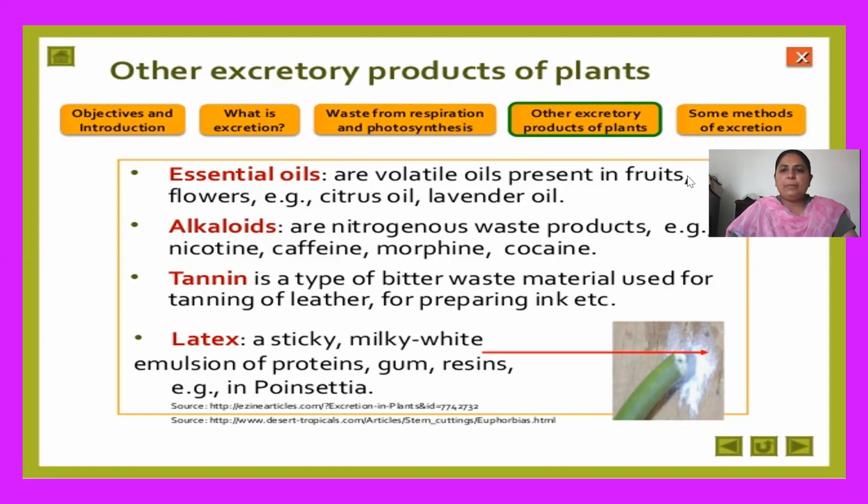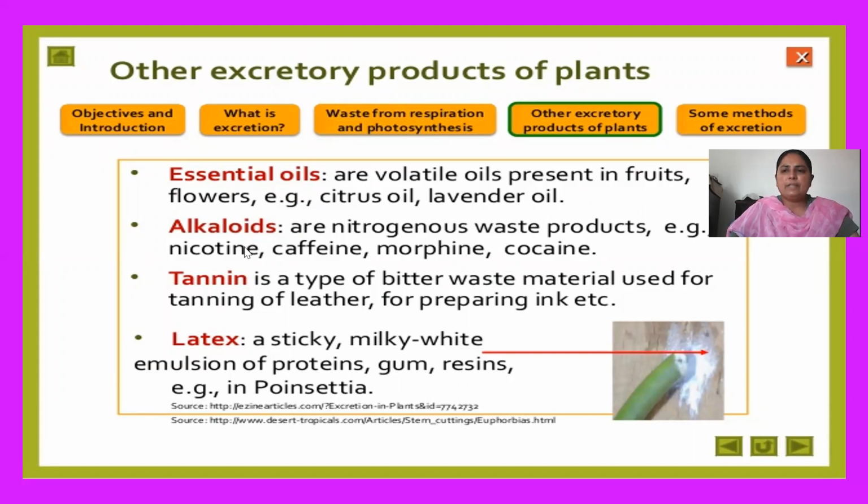They are present in fruits such as oranges or citrus fruits. When you apply pressure on the peel of these fruits, these volatile oils come out. From these essential oils, we can obtain citrus oil, lavender oil, etc.